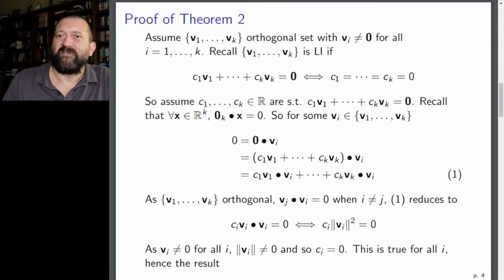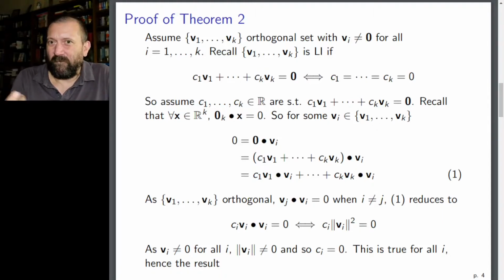Okay, so what I've written here, I'm going to exploit by saying, okay, I've got the 0 vector there on the right, so I can multiply this on the right by some vector. And just because, why not, let me take one of the vectors of that orthogonal set that I'm considering.